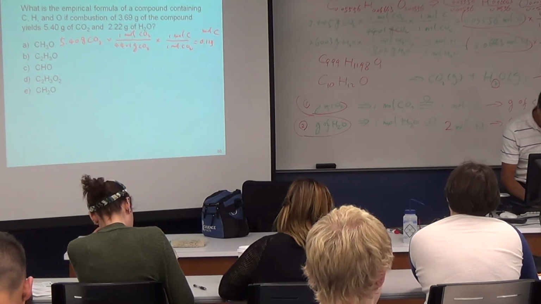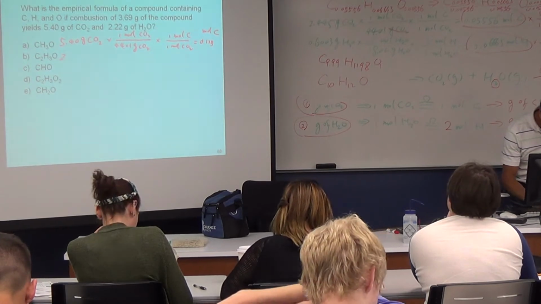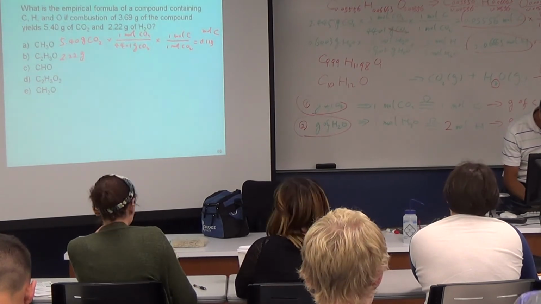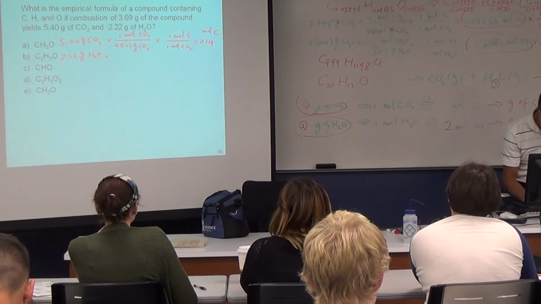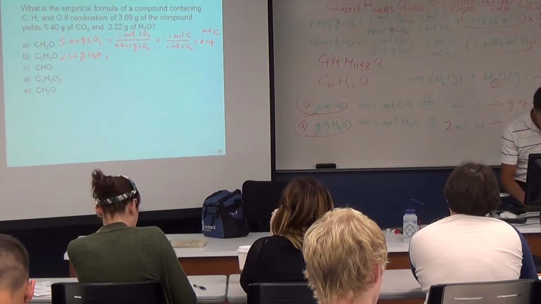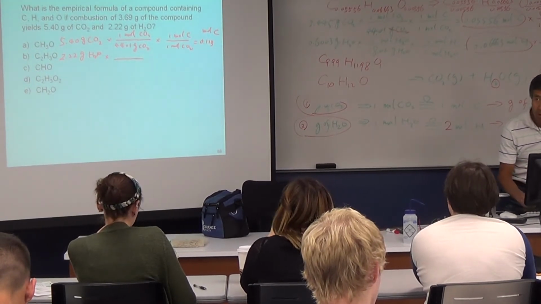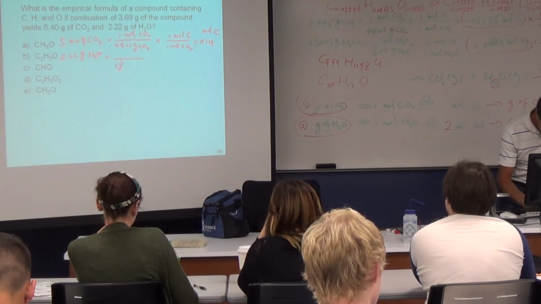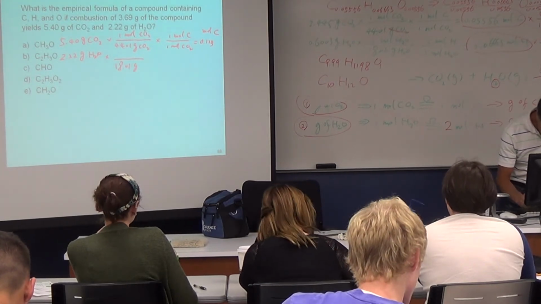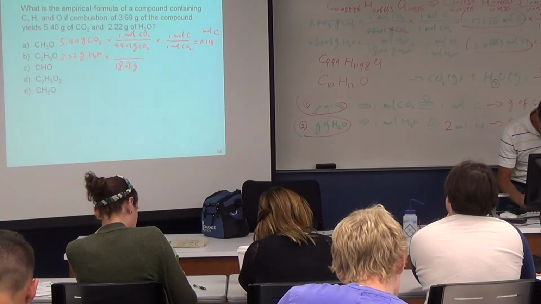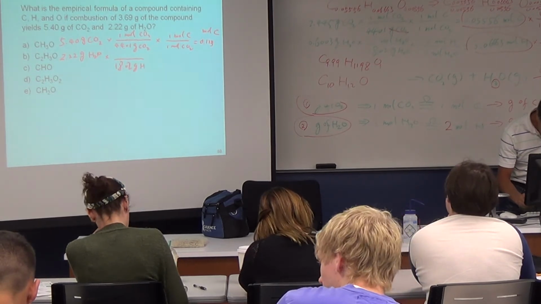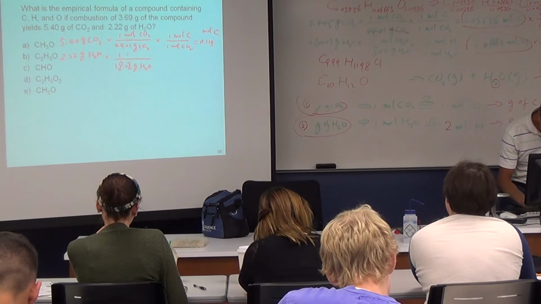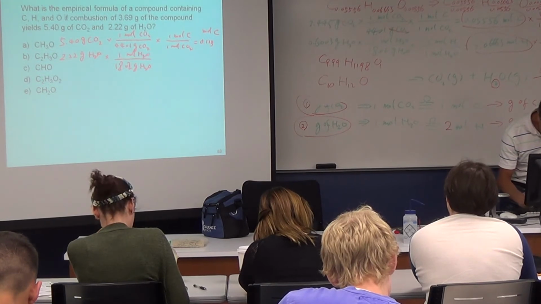Right? So let's do the next one. It is 222 grams of H2O. Can you read it? And this will be 18.01, 18.02, that doesn't matter, grams of H2O and 1 mole of H2O.